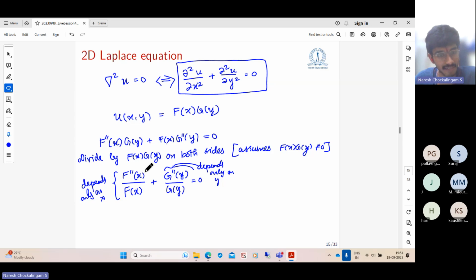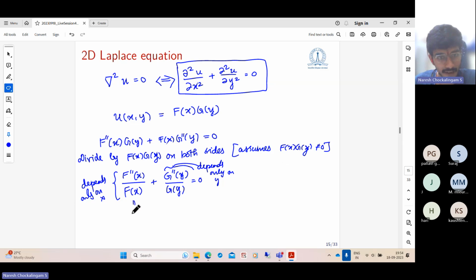But what is that function which is a function of x only and also a function of y only? If you take sin x, it is a function of x, but it's not a function of y. And if you take e power y, it is a function of y, but not a function of x. Can you tell me one function which depends on x only as well as y only? Constant, right? So both of them should be equal to some constant.